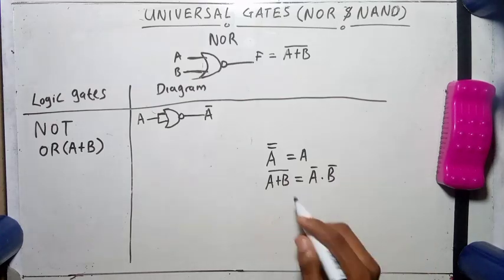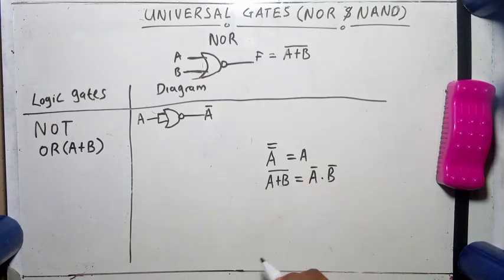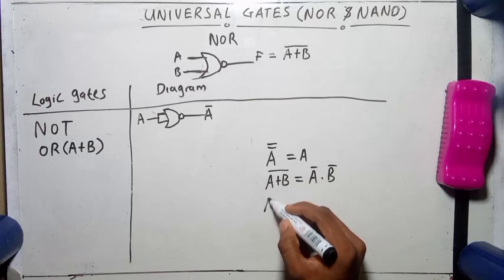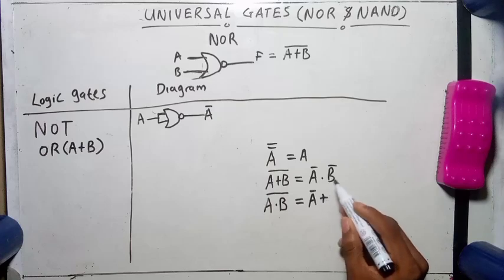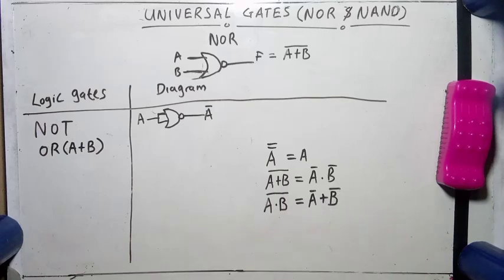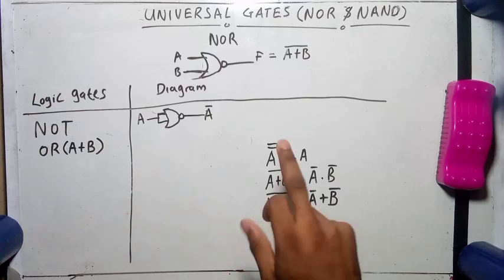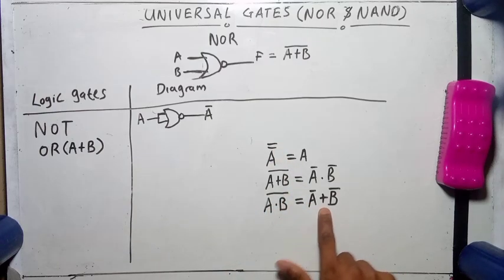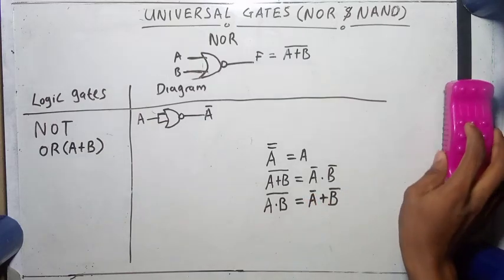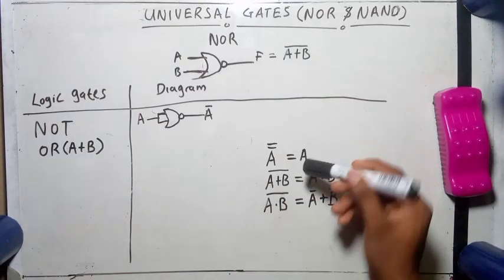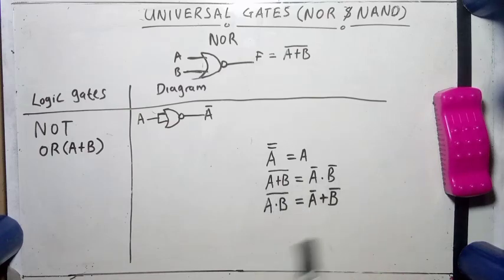The idea here is, if you split the bar on top, the sign will change. This has already been explained in one of our videos, but I'm bringing it up because we're going to be making use of these laws to understand this topic.